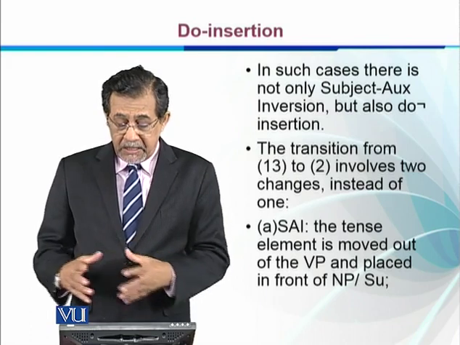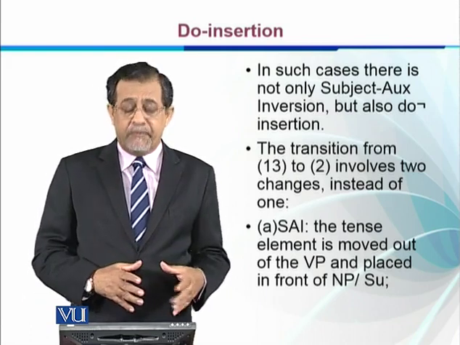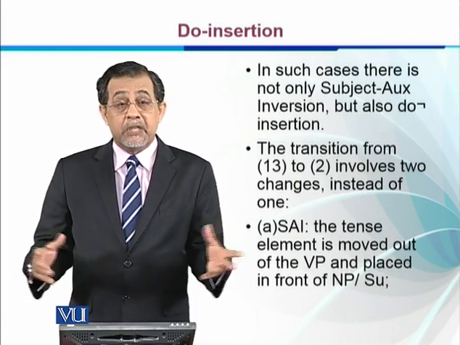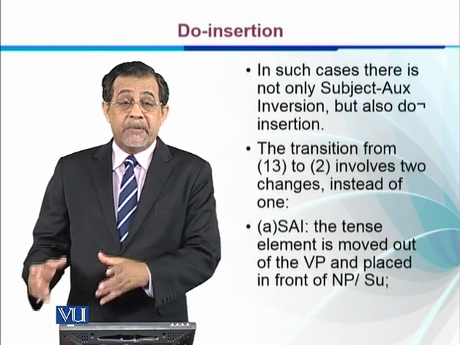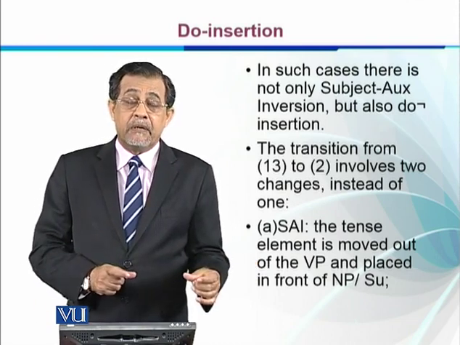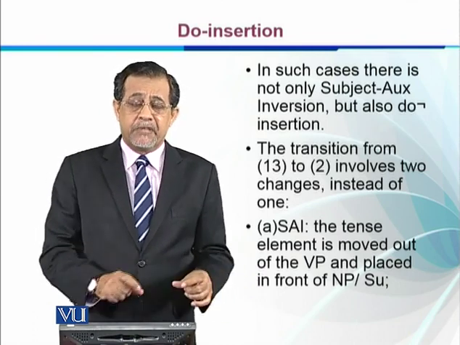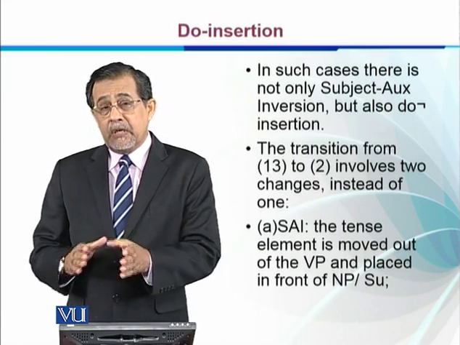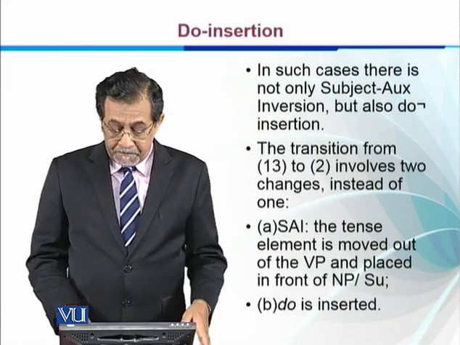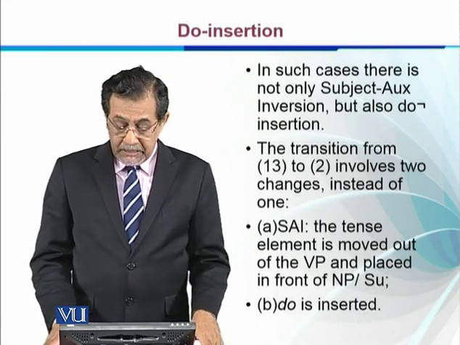The tense element is moved out of the verb phrase and placed in front of the noun phrase, which is the subject. So we take do from the tense element from its place and put it at the beginning of the sentence, and the subject noun phrase comes second, and then we insert a do into it, right?